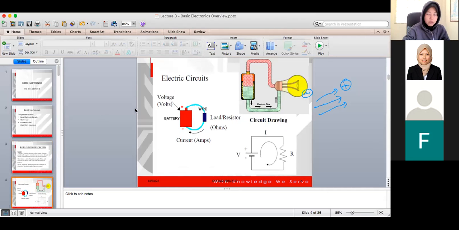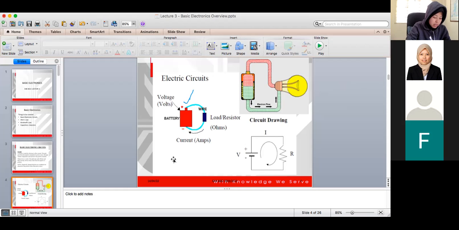Just a recap. If you look at this very simple electric circuit that you use every day in your daily life, this example is an electronic circuit to light a bulb. Basically you have a battery, and the battery is connected to the bulb.